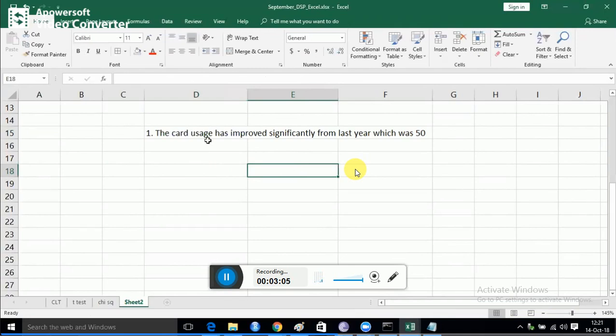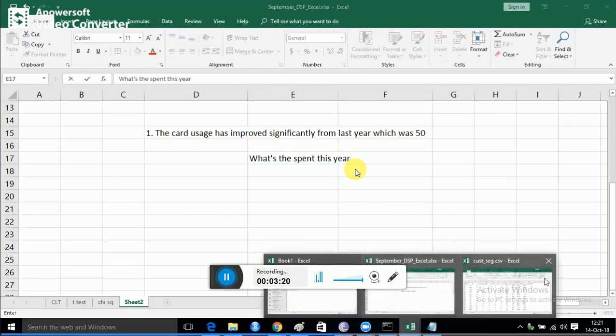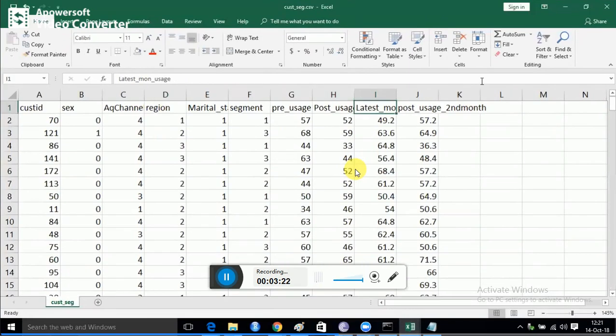What do you have to do? You have to first find out what's the spend of 200 customers this year. Yes or no? So what do we calculate? We calculate the average of which column here? If I talk about this year, present year usage, and compare it with last year usage, which column should I take into consideration?